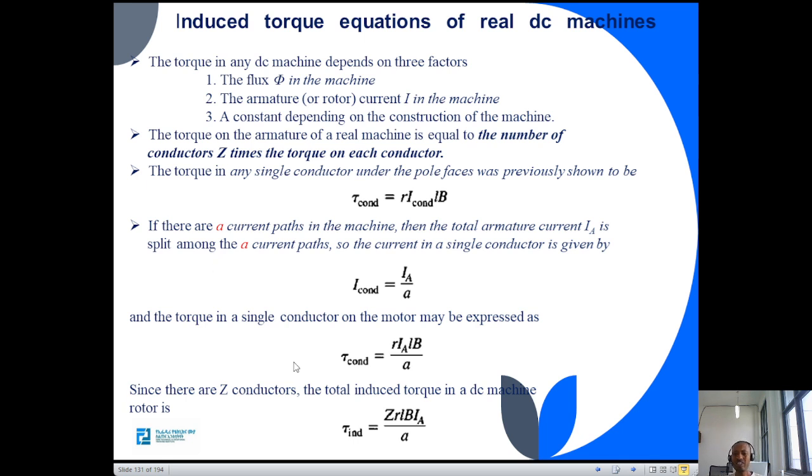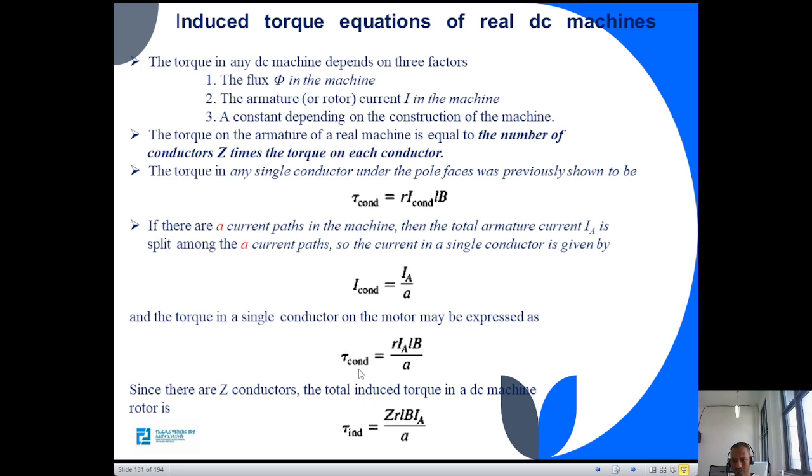So the torque in a single conductor is going to be R L B I_A divided by A. Just substitute this inside this. So that is the torque on the conductor.